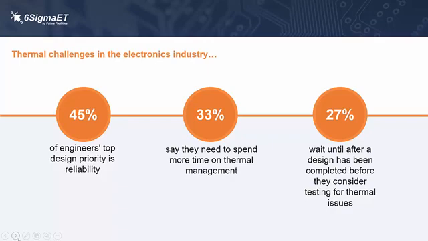However, 33% of engineers say they need to spend more time on thermal management, and 27% of people wait until after a design has been completed before they consider testing for thermal issues. Now, that's a pretty crazy statistic if you think about it. 45% of people want reliability, but 27% of people are ignoring thermal until after the design has been completed.